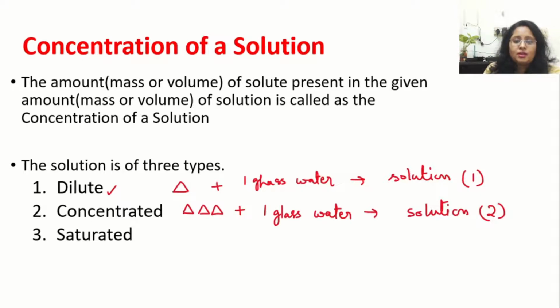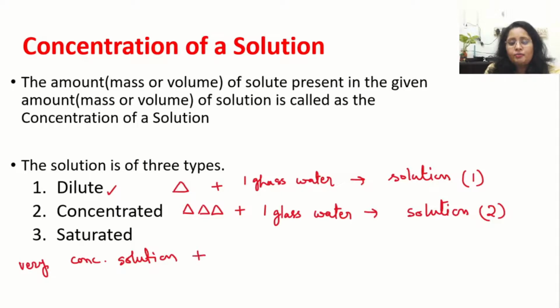Okay, now what is the next one? Saturated solution. When we have a concentrated solution, take a concentrated solution and add more sugar, we can say very concentrated. It means a lot of solute is dissolved in a given amount of solvent. Then it's a very concentrated solution.